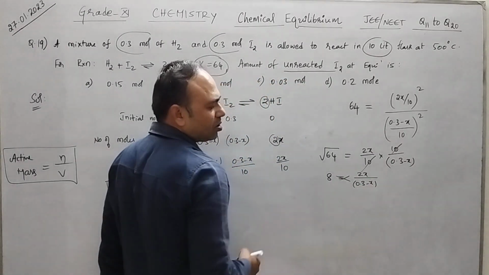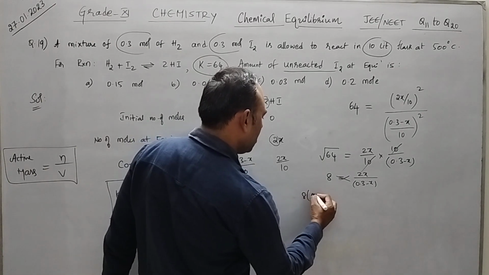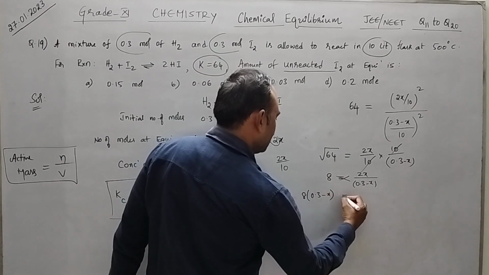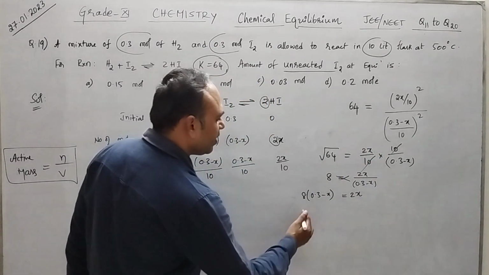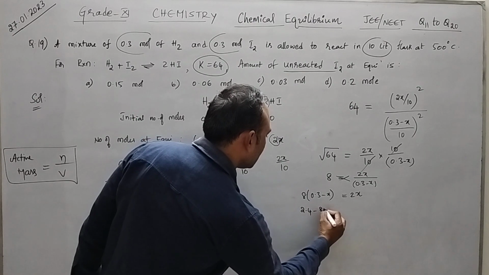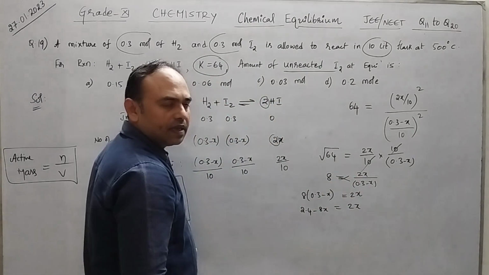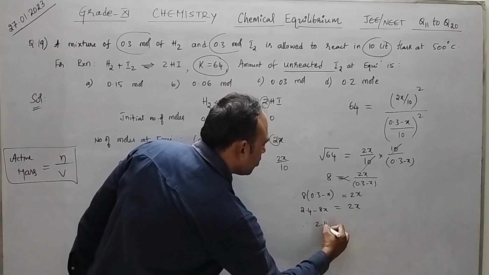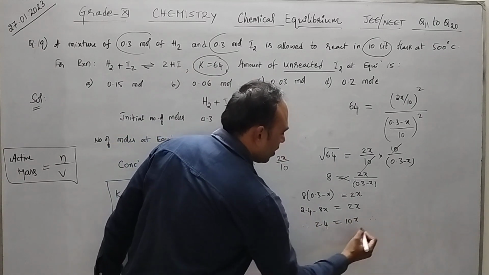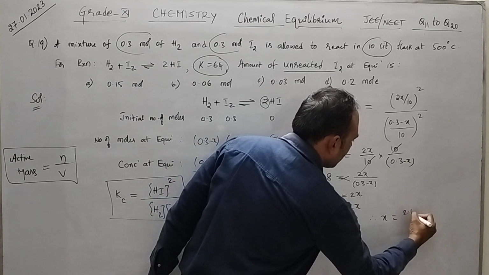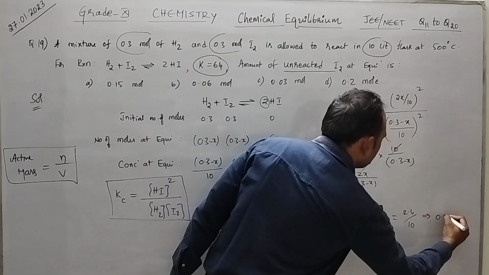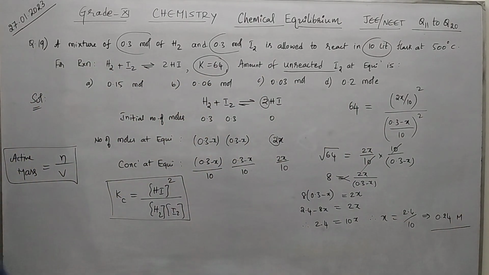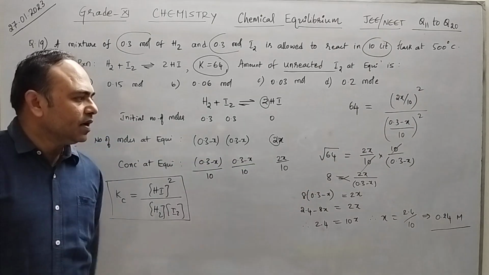On cross multiplication we get 8 into 0.3 minus x is equal to 2x. So 2.4 minus 8x is equal to 2x. Send minus 8x to the other side, we get plus 8x. Therefore 2.4 is equal to 10x. Hence x is equal to 2.4 by 10, which is 0.24 molar. We got the x value as 0.24 molar.